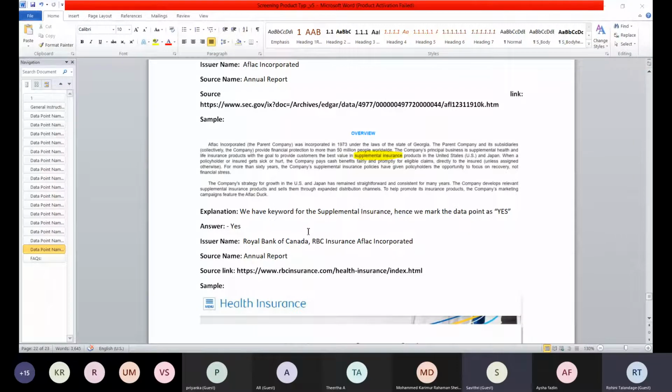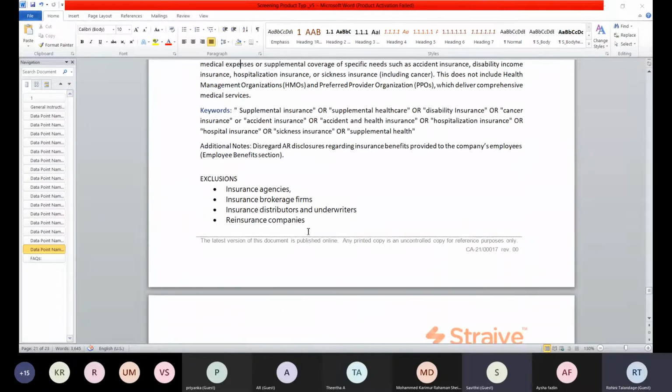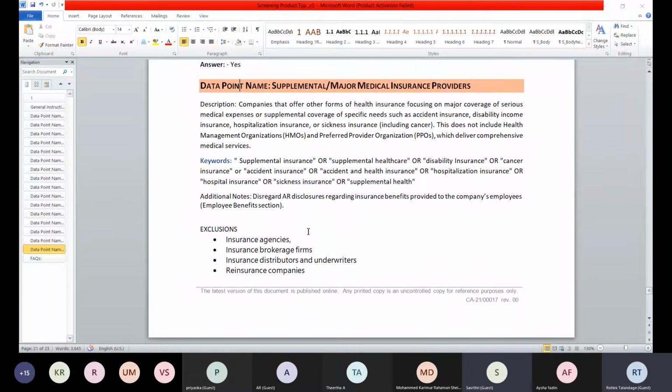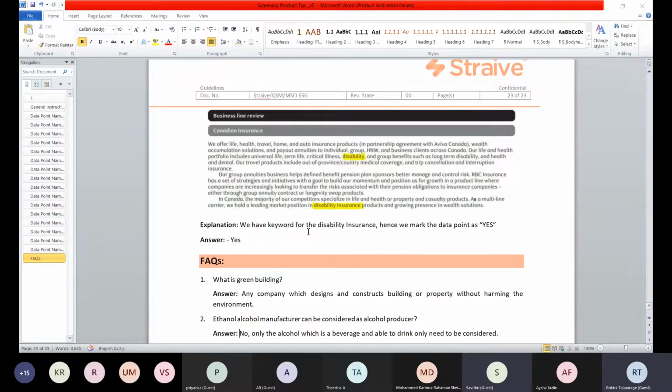That means they are providing supplemental insurance products to the customers. In that case we can mark it as yes. If they are providing it to the employees, then we have to mark it as no.